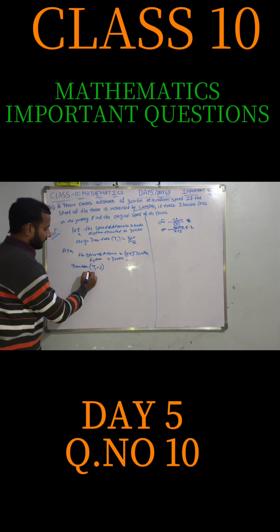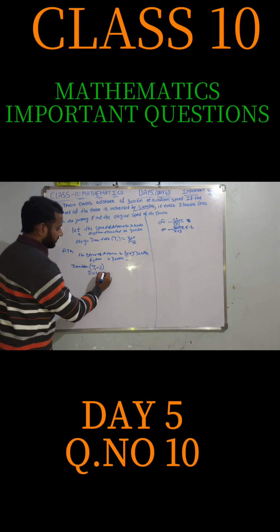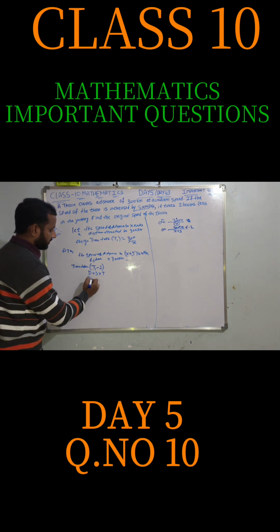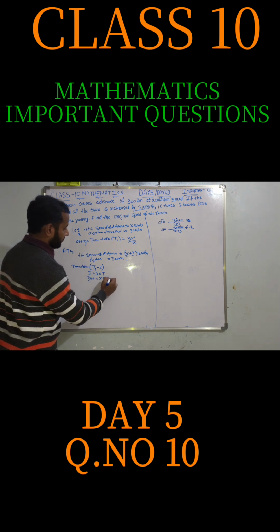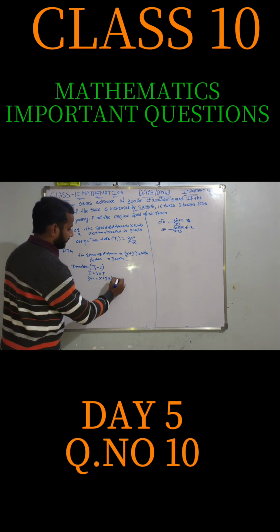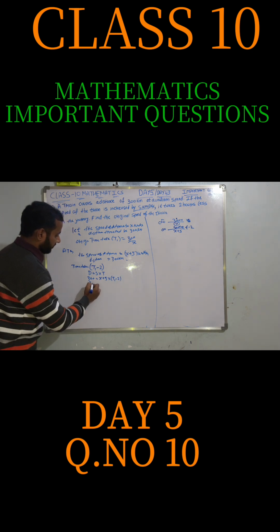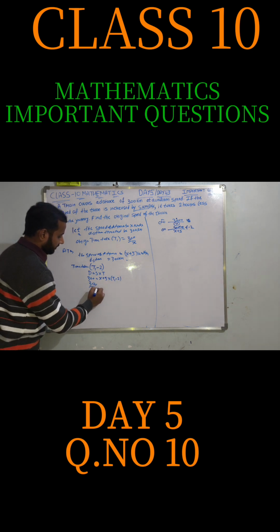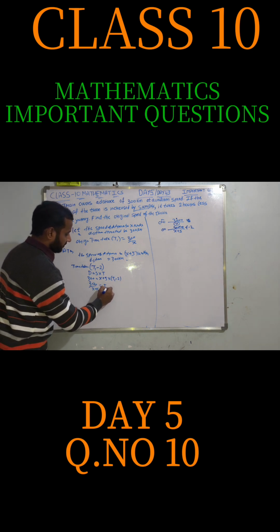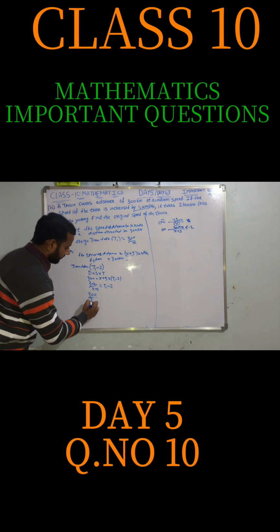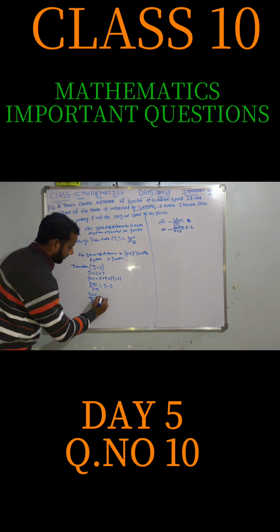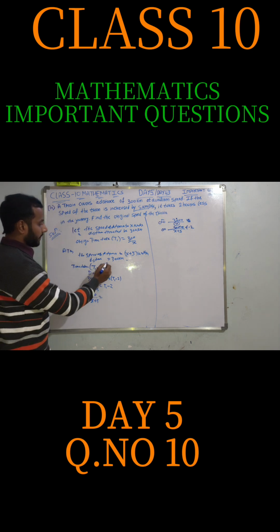Now here I will use distance equal to speed into time. Distance is 300, speed is x plus 5, time is t1 minus 2. So 300 by x plus 5 equals t1 minus 2. Now I can write 300 divided by x plus 5 equals, what is the t1 value?